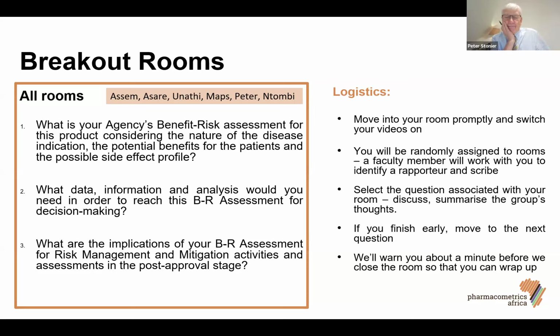So tell us. Yeah, so we also reached the same conclusion as the other groups for a positive benefit risk because the disease is not pervasive and there are not so many therapeutic options available.